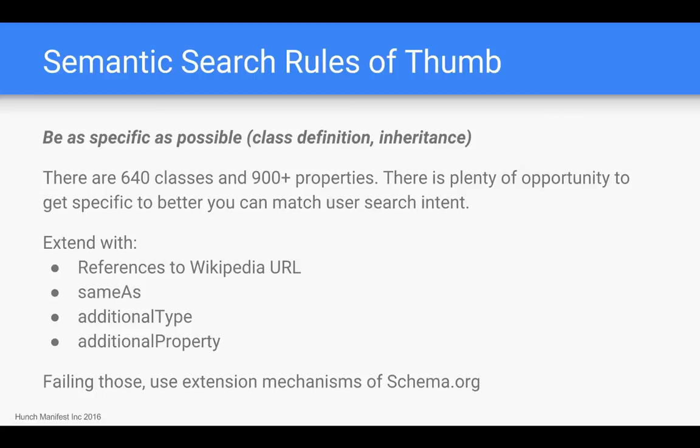When there's no specific property for your product, you use the additional property to create these name-value pairs. It could be some sort of special thing about the product. Failing those, you can still use the extension mechanisms of schema.org, but let's hope that you can use those other built-in mechanisms first as much as possible.